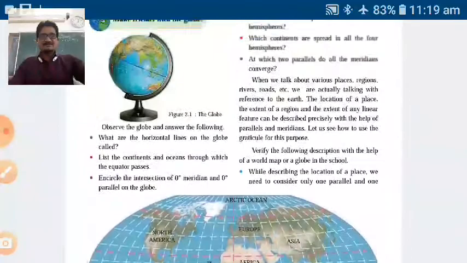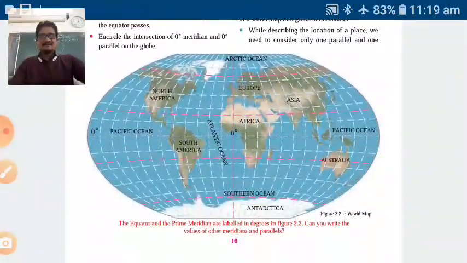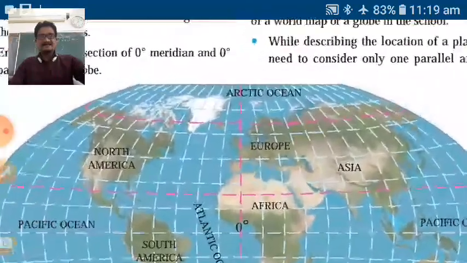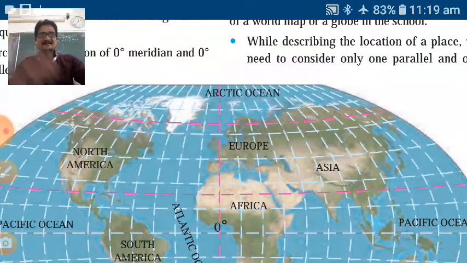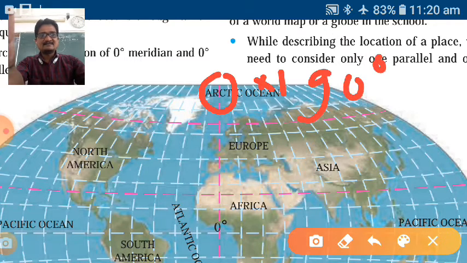Where do they meet all the meridians? At 90 degrees here, and here, north 90 degrees.